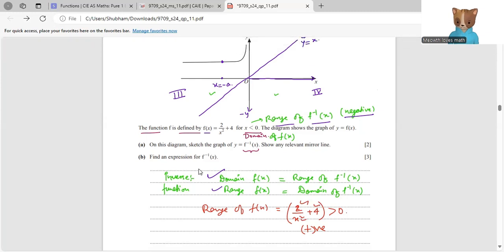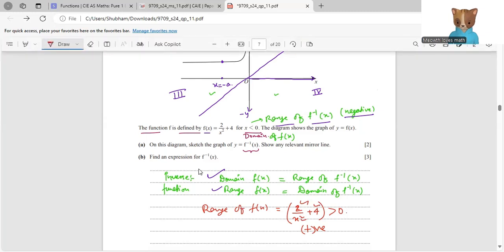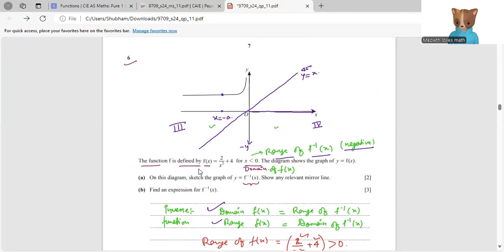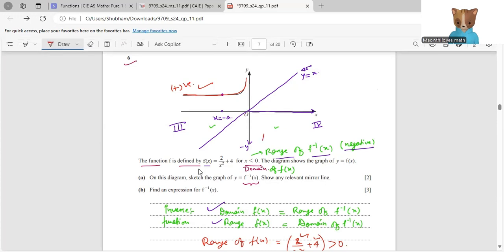So that means the range of f of x is always positive, which is given to us over here, isn't it? So this y is positive. This graph is already positive. So that means if y values are positive, my x will be positive for the f inverse. And therefore, how will the graph look like? It will look something sort of this.